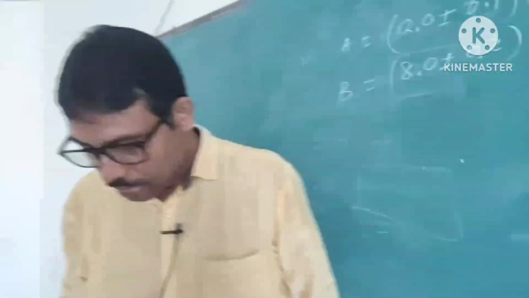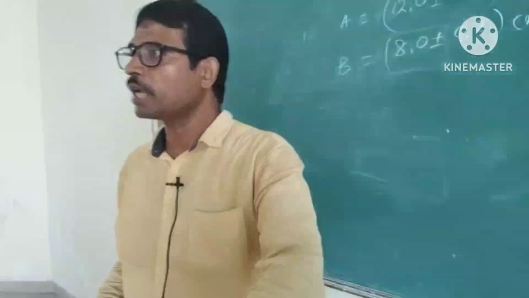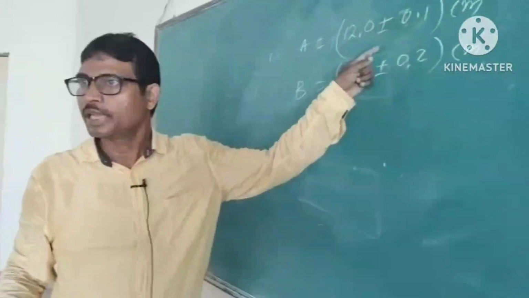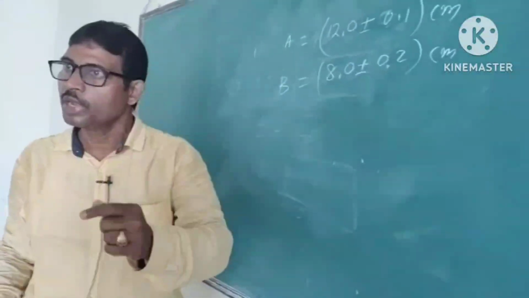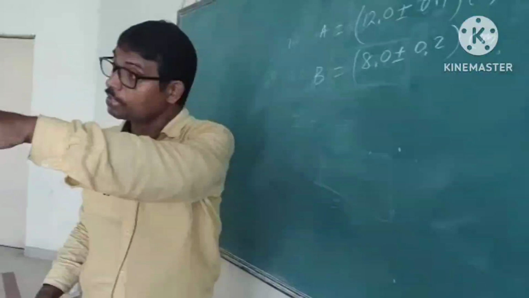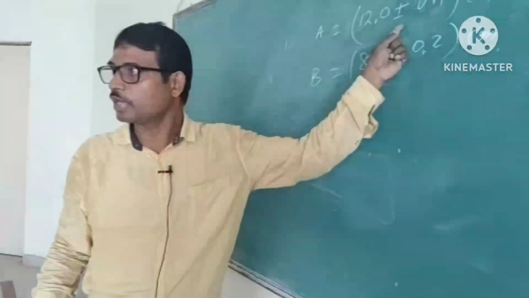While you write this, write it in this manner. Error may be positive or negative, but you will write both cases. But error is always positive. Sign you must give.